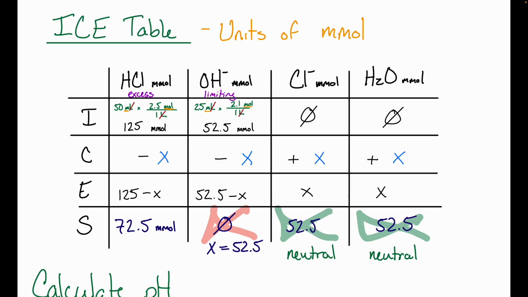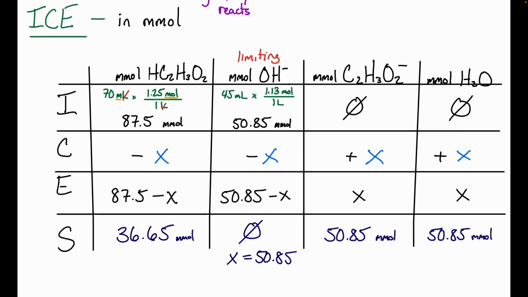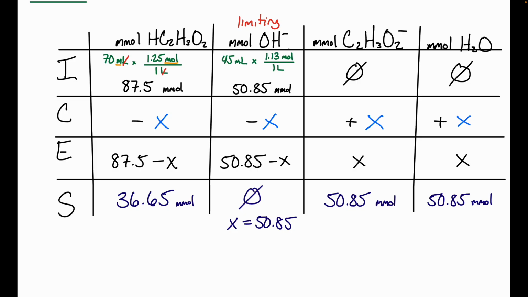So we're going to look at this solution now that it's come to equilibrium in region 2. And we're going to figure out what we have here. All right, again, we don't have any of that strong base. All right, what else don't we care about up here? The water. We don't care about the water because it's neutral.